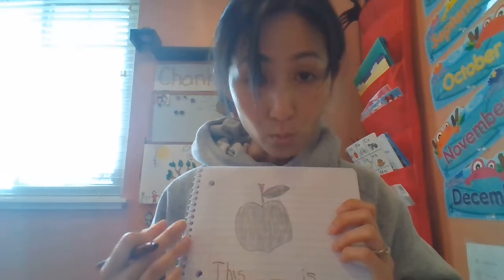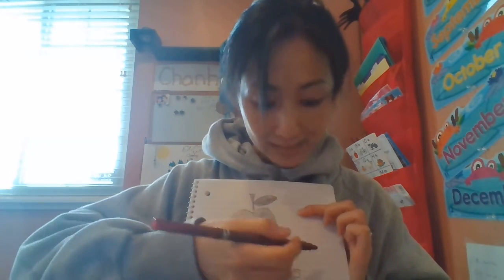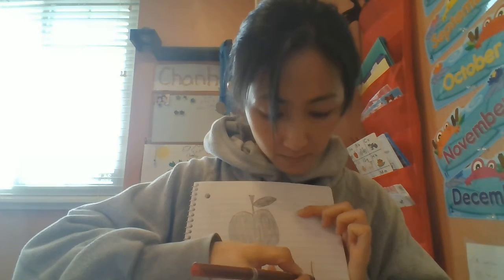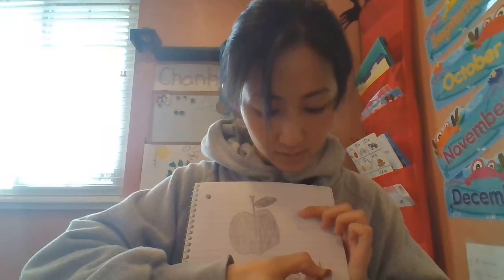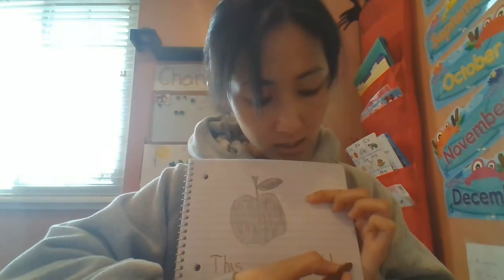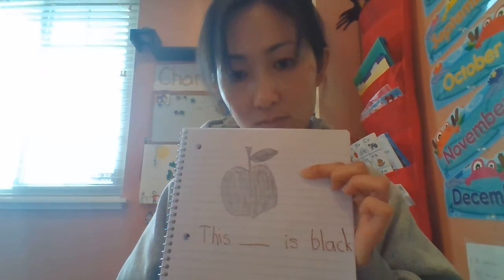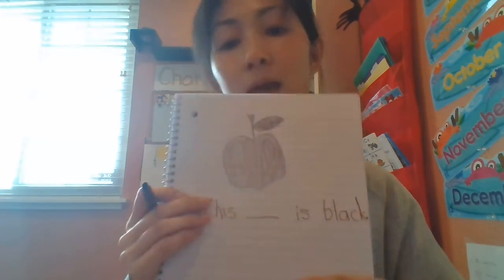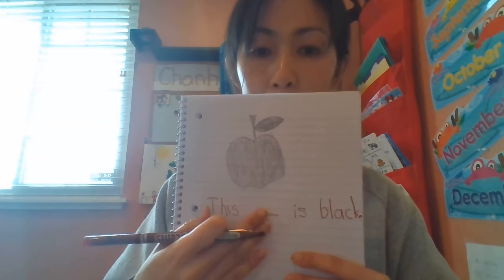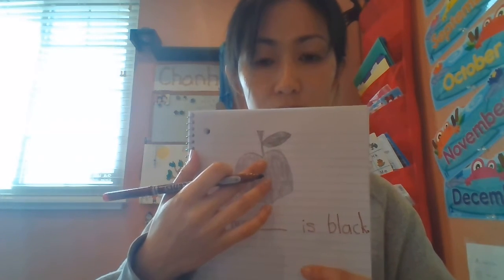Or if you want to challenge yourself, you can sound out the word black. Black. There's always a vowel in the middle, and then the last sound, black. What am I missing? Yes, a period at the end. This is black.